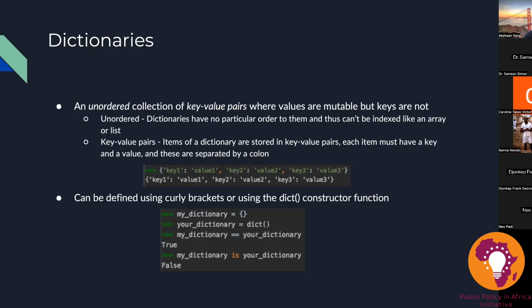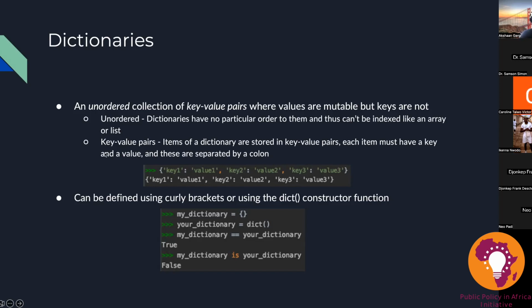Yes. So a dictionary, you can think of it in this way as well. As you said, it is a list of words, right? So those words you can think of as the key, and the description of those words you can think of as the value. That is basically what we mean by a key value pair.